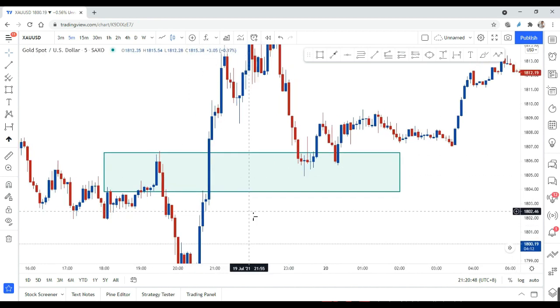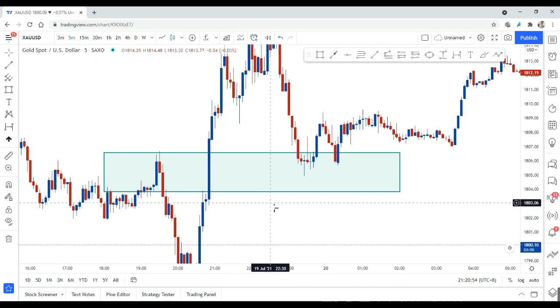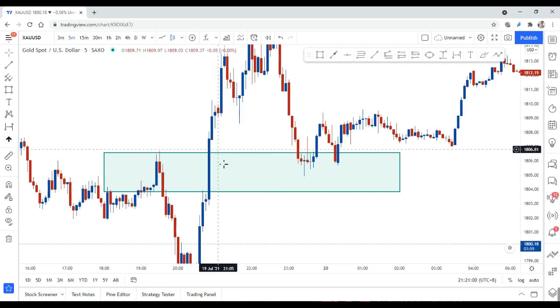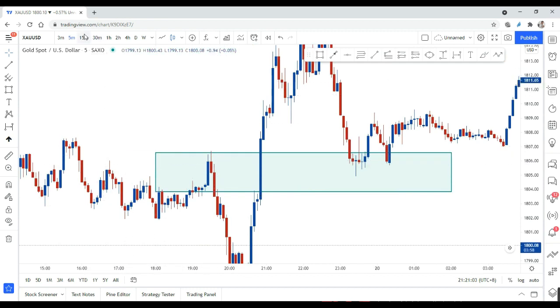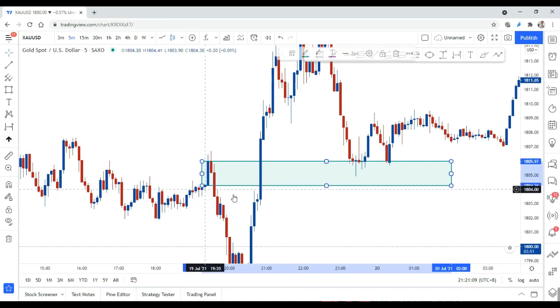So now I already give you a new way to enter. This is the blind spot. Even if you go from 30 minutes to 5 minutes, this is my zone, and I mark it as it is.